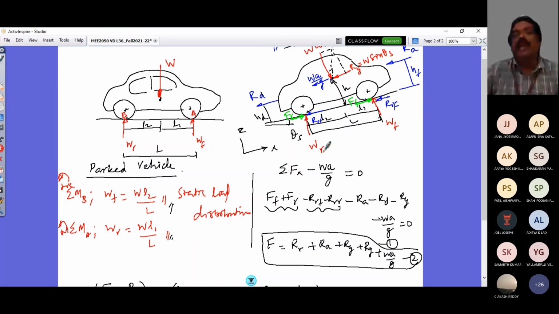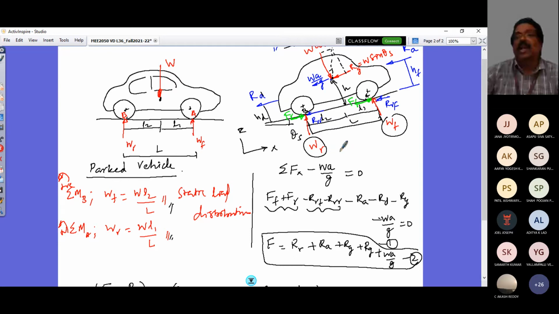And for that, I need to find these two normal loads from this free body diagram. That can be done simply by taking moment at point B, the contact patch at the rear, to find WF, and then taking moment about point A to get WR. Here in the static case I had only the load and no other forces because the vehicle was stationary, but here I have many forces.